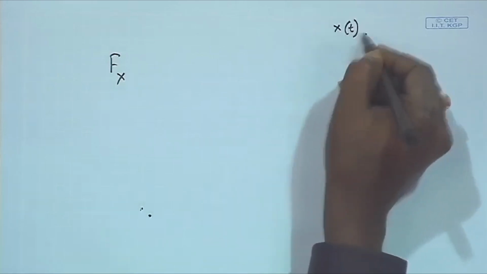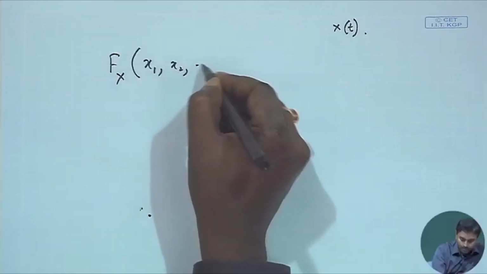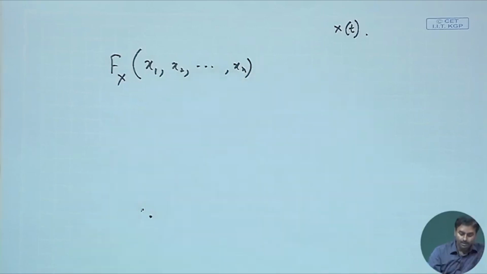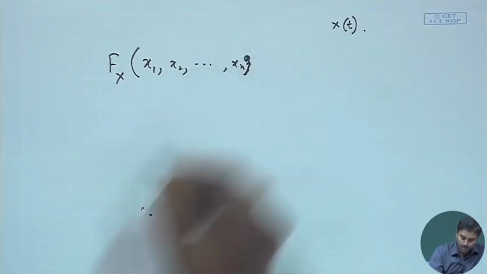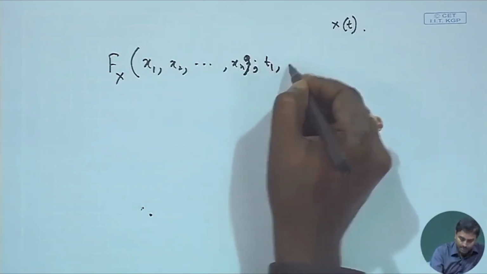So, that is where the next part comes, where I will be characterizing a random process. So, what do I do? Suppose x(t) is that random process. I wish to do a characterization, that means I will be calculating the CDF. So, in the CDF I will talk about x1, x2, xn, semicolon, again t1, t2, up to tn.